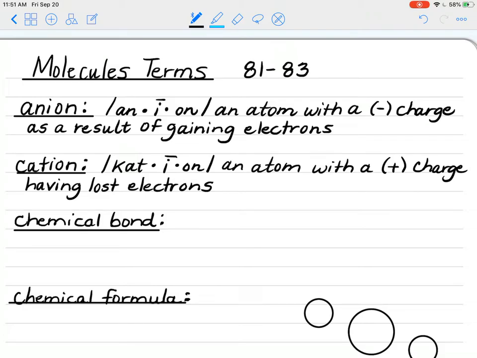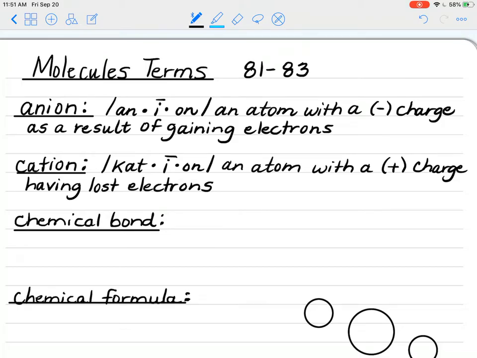I don't want to belabor this too much. This is not something that you're going to have to worry about, I'm pretty sure. I just wanted you to know the definitions and to have seen the words before.